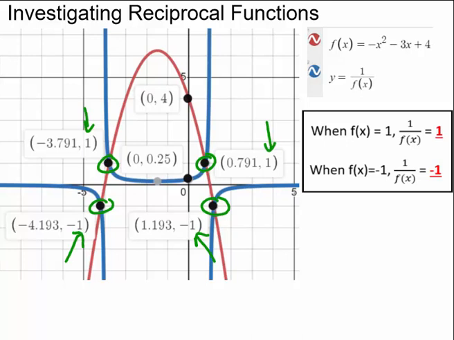And once again, thinking about it mathematically, if the end result of this is a calculated value of 1 or -1, then the calculated value of this is 1 divided by either the 1 or the -1. We should get the exact same value. So when the y value is 1 or -1, our reciprocal will intersect it, also be at 1 or -1.